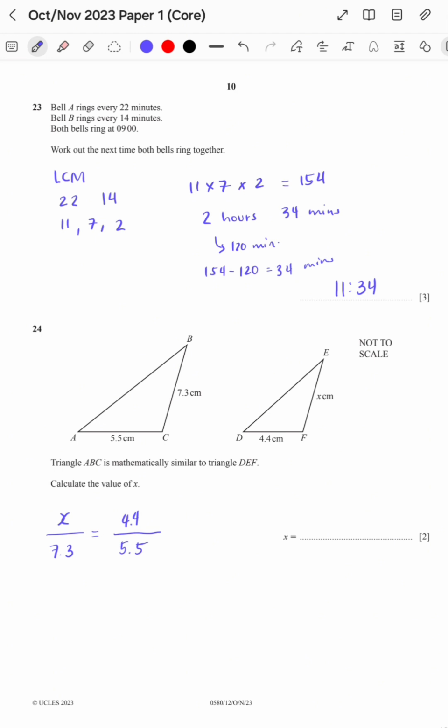You can easily use a calculator for this, or we can multiply both sides by 7.3, so we cancel 7.3 here. So that's going to be x is equal to 4.4 times 7.3 divided by 5.5. So that's 5.84.